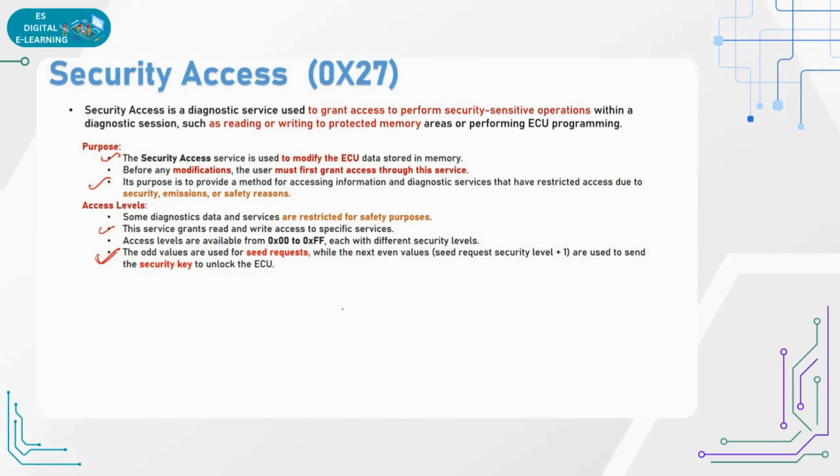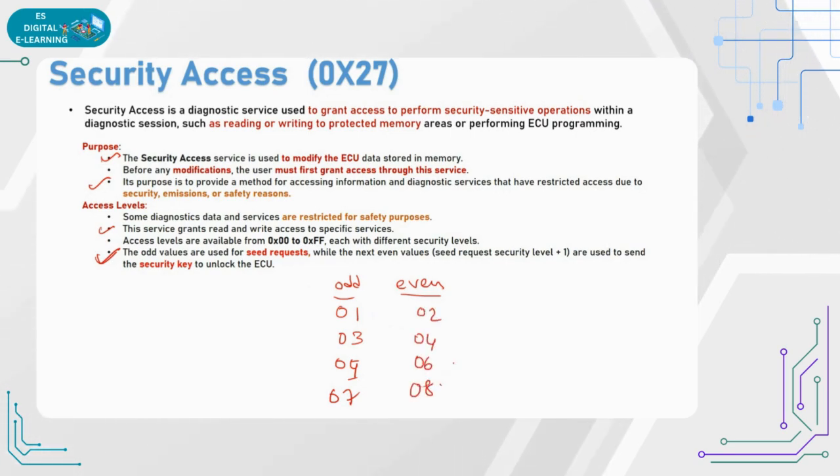Odd values: 01, 03, 05, 07, these are the odd numbers. Can you tell me the even numbers? 02, 04, 06, 08, the even numbers.